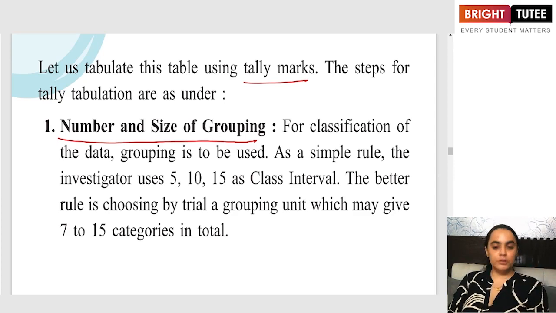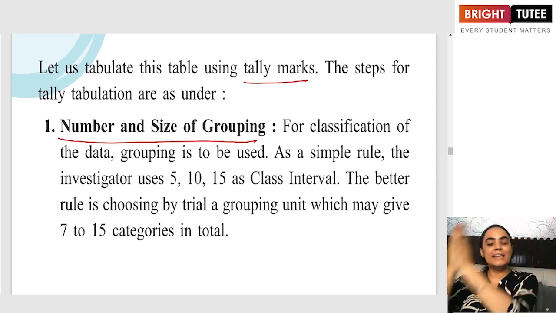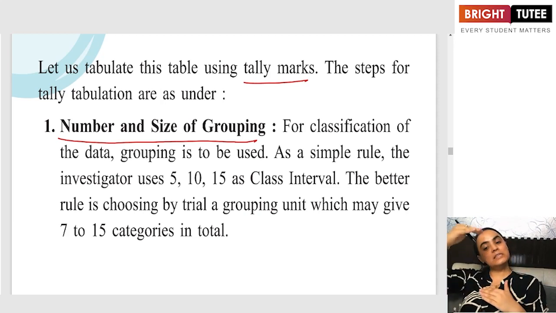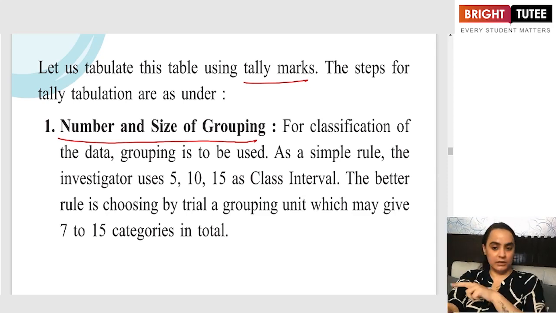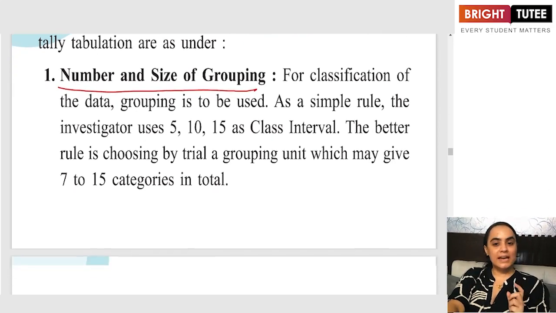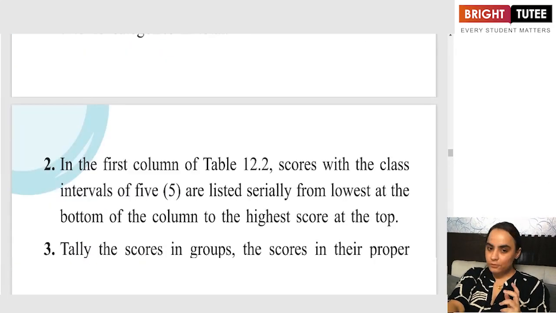But make sure that whenever you are tabulating the data, the classes are made in such a manner that the tally marks opposite to them are maximum 15, not more than that. Otherwise, if the frequency is very high, it will become very difficult for you to arrange it graphically, which will be the next step. So first, you will decide the number or the size of the group.